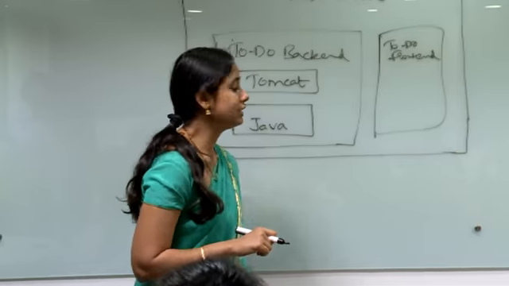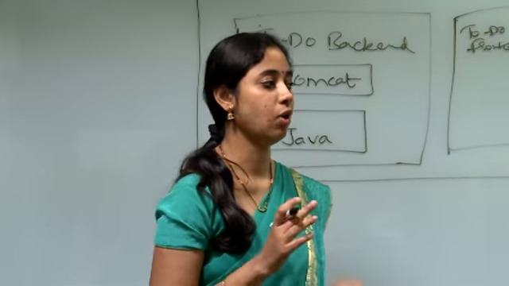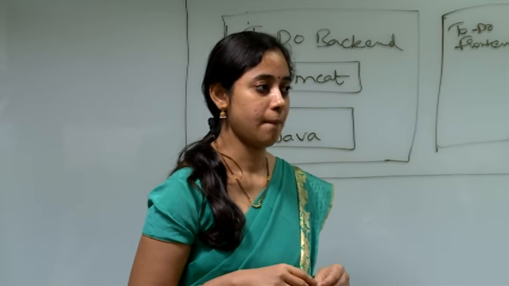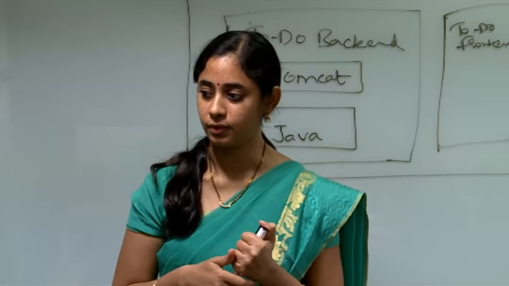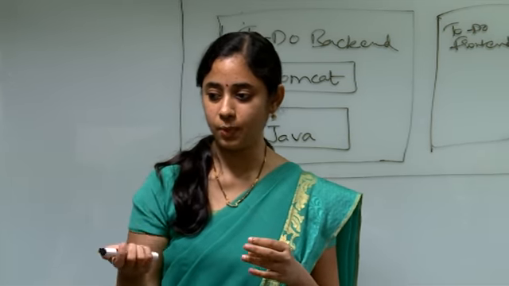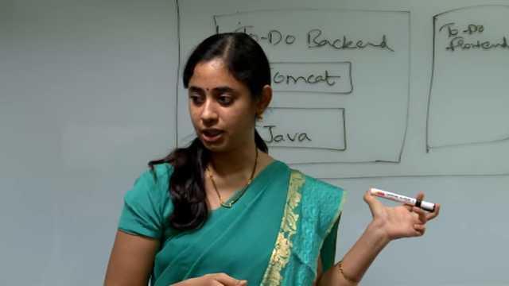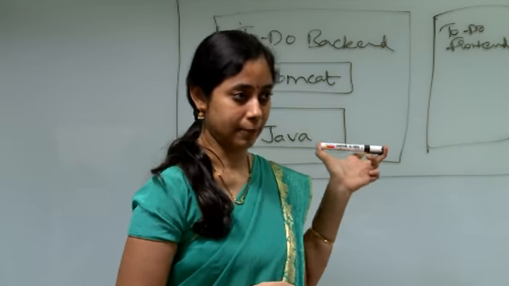Okay, so this is what you need to do. Now, can you tell me how we should go about it? Where do you start? Install the required software. So you start off with installing JDK because Tomcat also requires JDK, right?